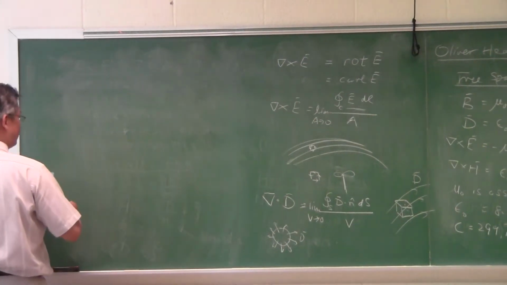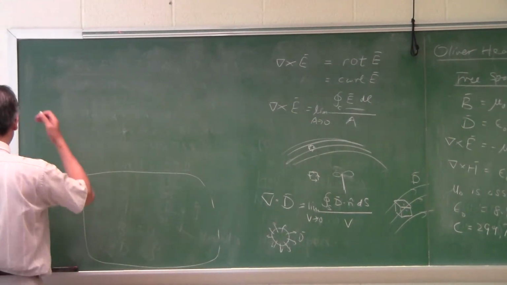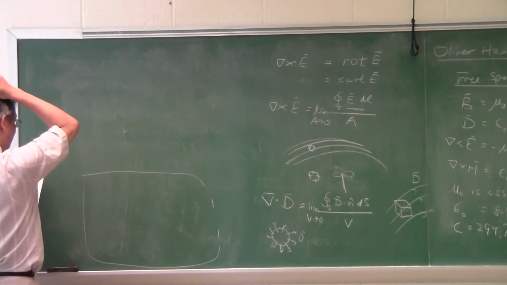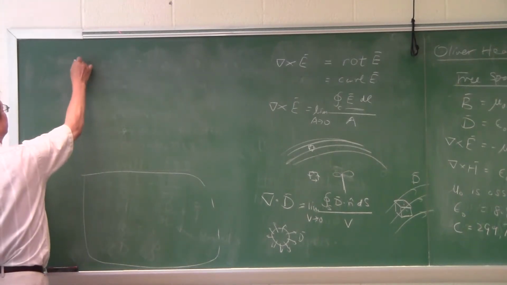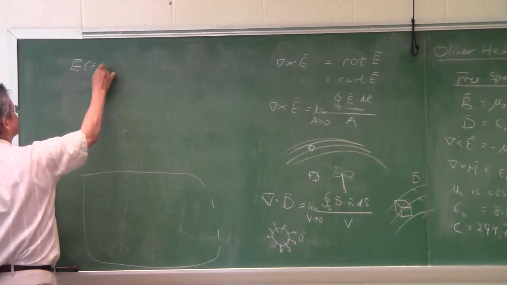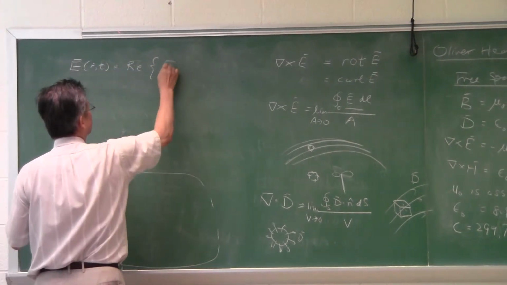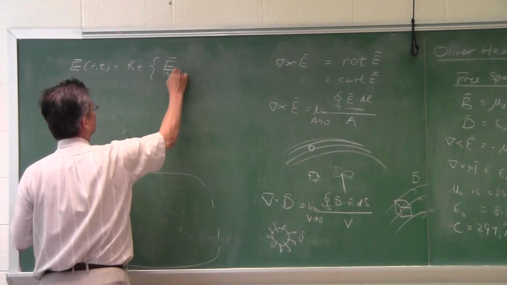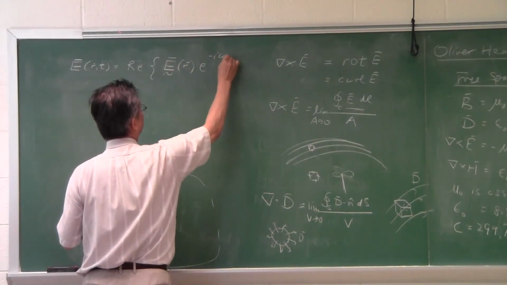So we start with Maxwell's equations that I have just erased, unfortunately. But we usually like to write them in time harmonic form. And usually we say that E of r, t is the real part of a complex vector, E of r, and e to the minus i omega t.